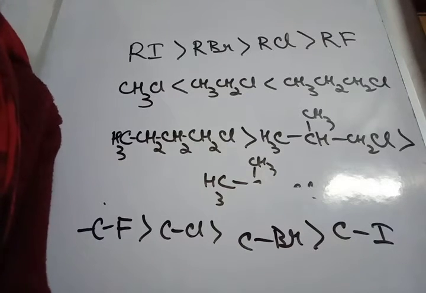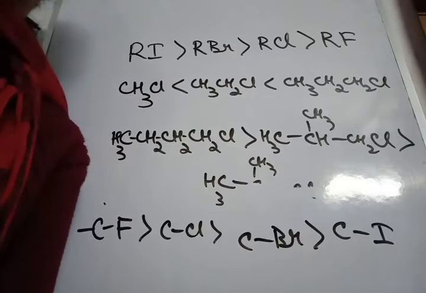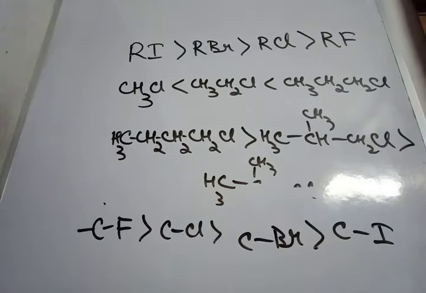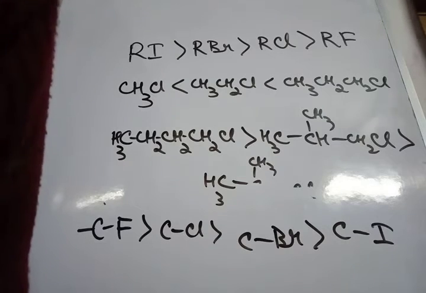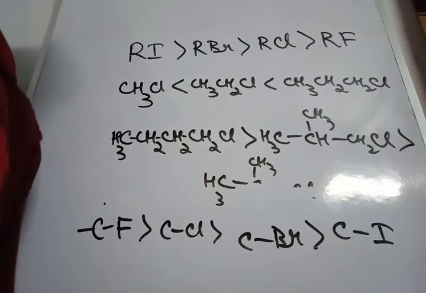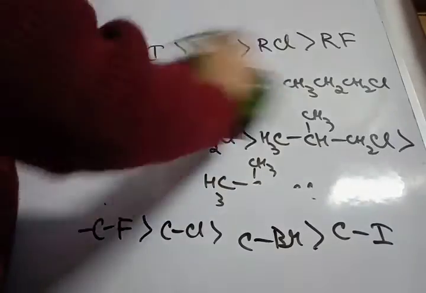So, examples of nucleophilic substitution reaction. First one, substitution of halogen by hydroxyl group. This is formation of alcohols, or I can say this is hydrolysis of alkyl halides.